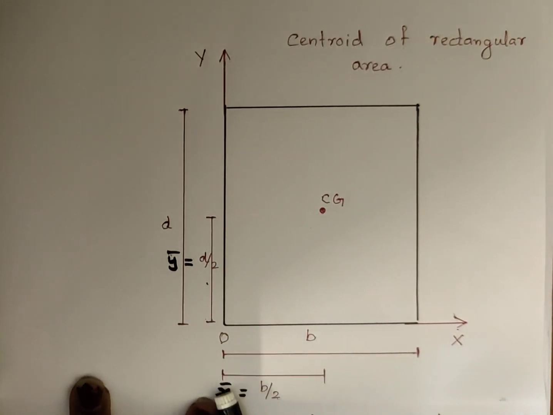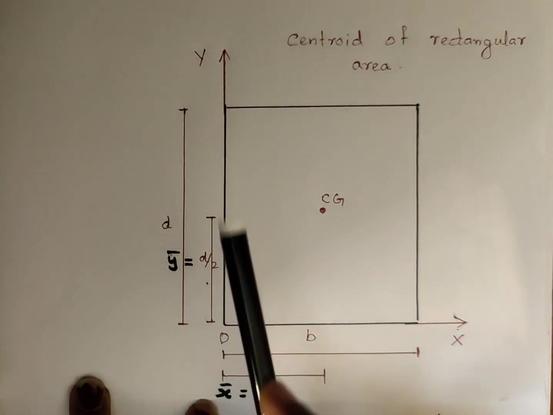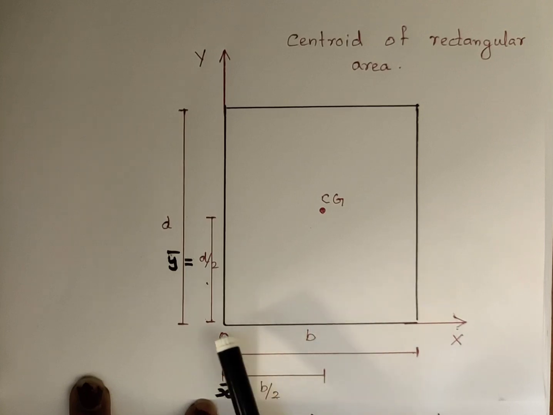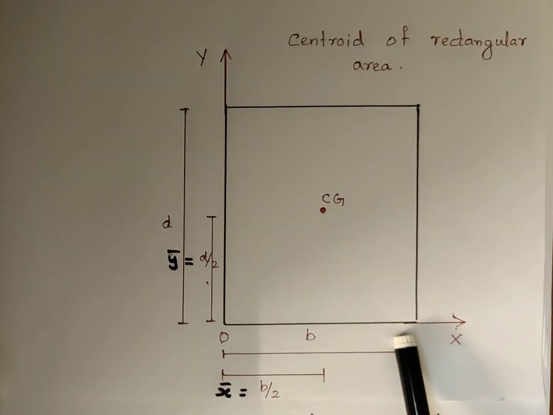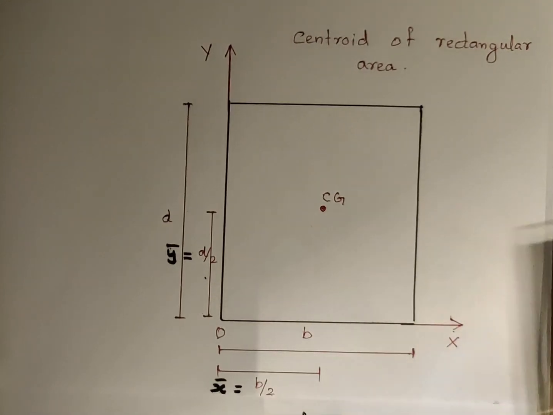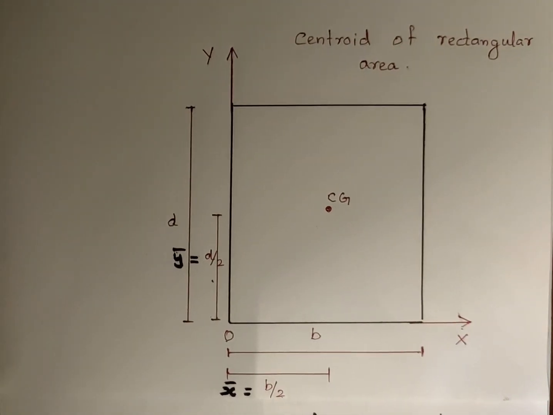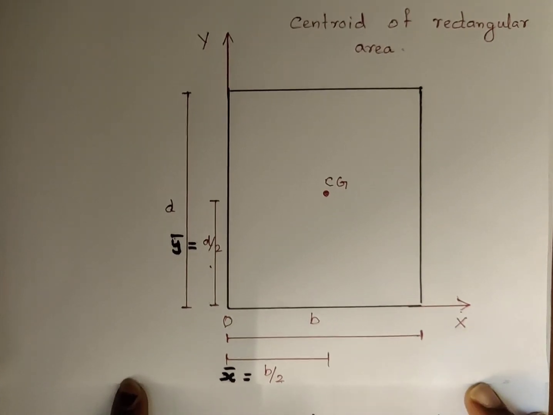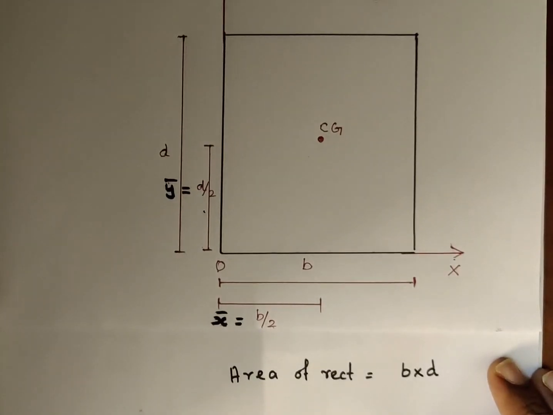The x coordinate is measured from the OY axis and the y coordinate is measured from the OX axis. This you have to remember. For a rectangle, x coordinate is equal to B by 2 and y coordinate is equal to D by 2.